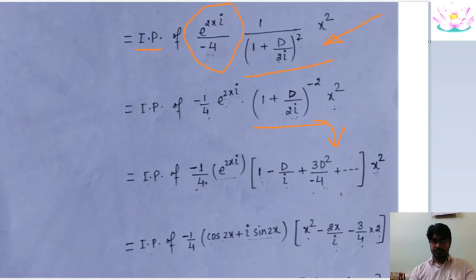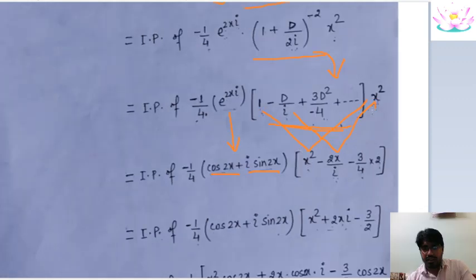See, this step is very important. 1 into x square, 1 into x square, we get x square. D into x square, see, D is the first differentiation of x square. What is the first differentiation of x square? First differentiation of x square is 2x.